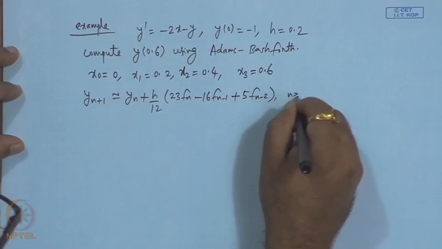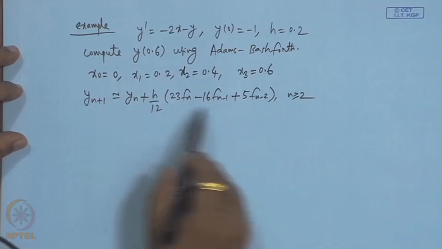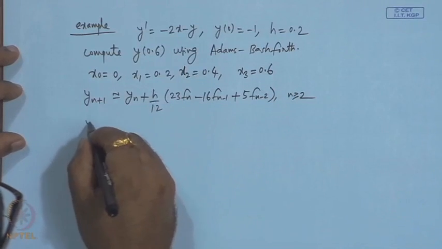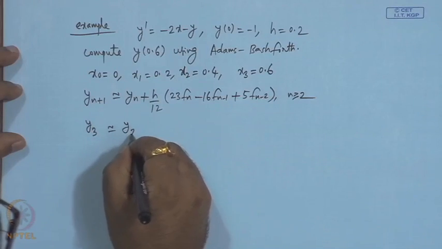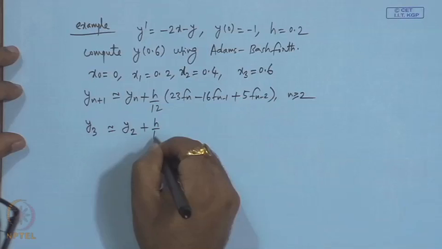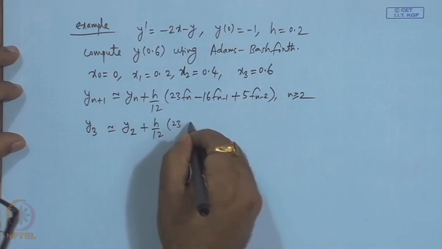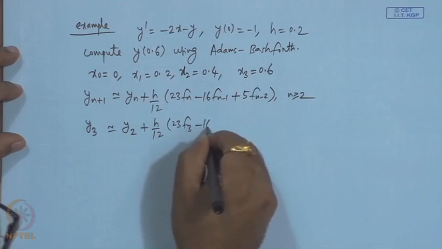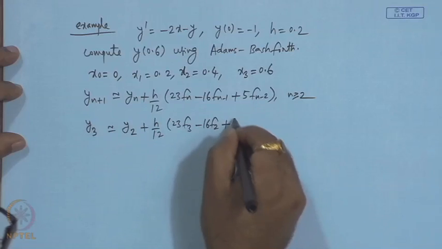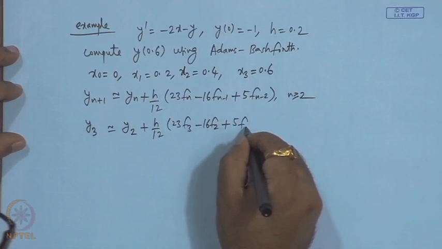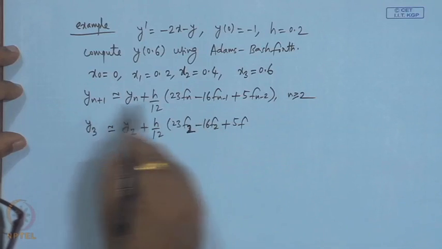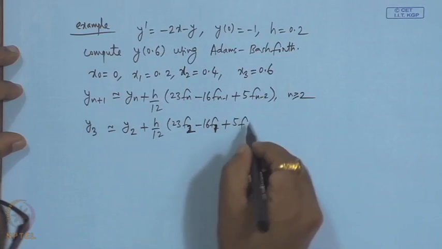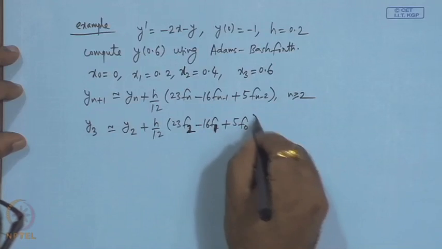So, y 3 is y 2 plus h by 12 times 23 f 2 minus 16 f 1 plus 5 f 0, because n is 2.